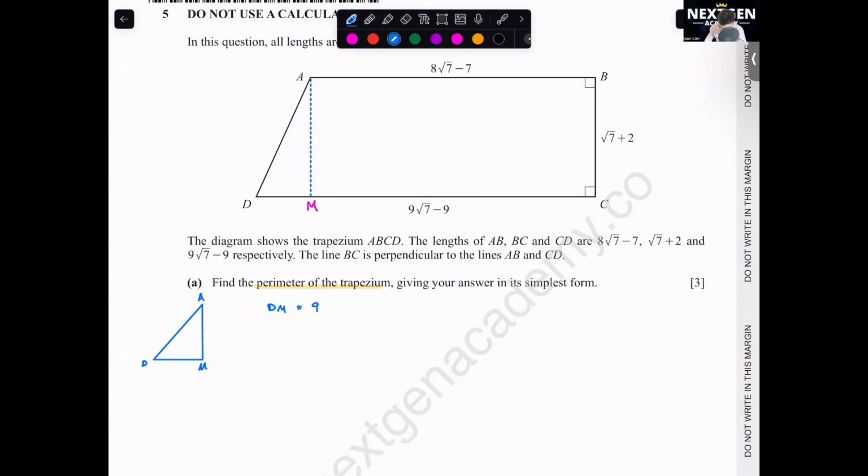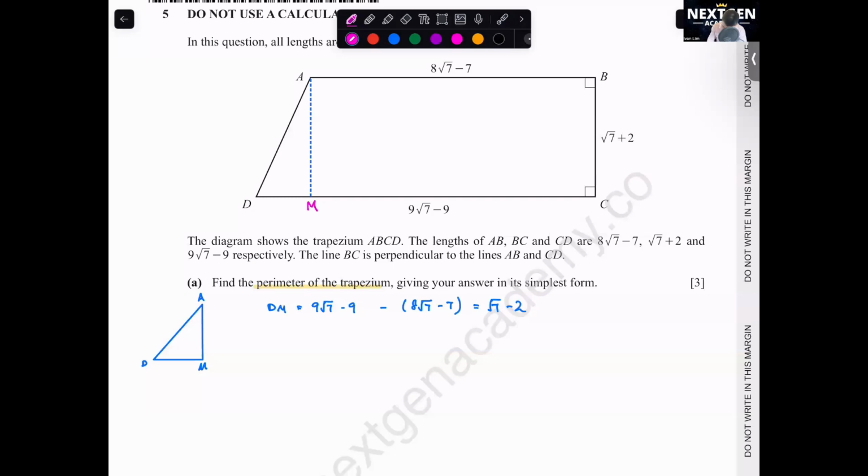Okay, let's find what is DM first. DM is 9 minus 8 root 7 minus 7... 9 minus 8 root 7 minus 9 plus 7, we get root 7 minus 2. ADM, then we find this already.